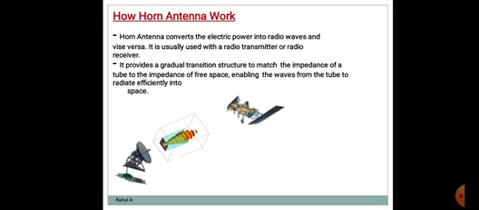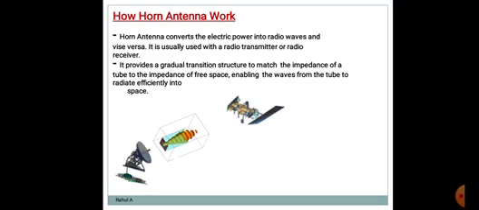So the horn antenna converts electrical power into radio waves and vice versa. If we are using the horn antenna as a transmitter, it converts electrical power into radio waves, and if we are using it as a receiving antenna, the power it receives from free space as a radio spectrum signal is converted into an electrical signal.